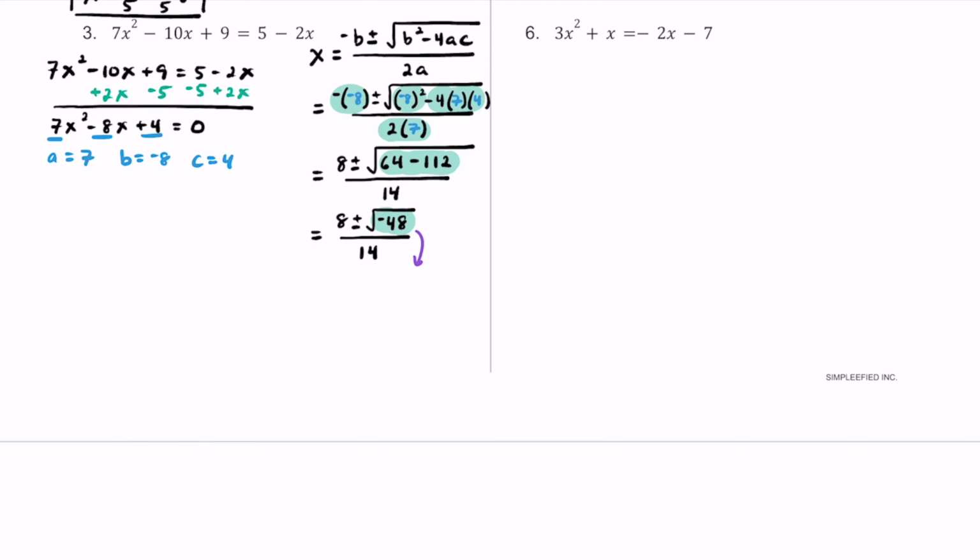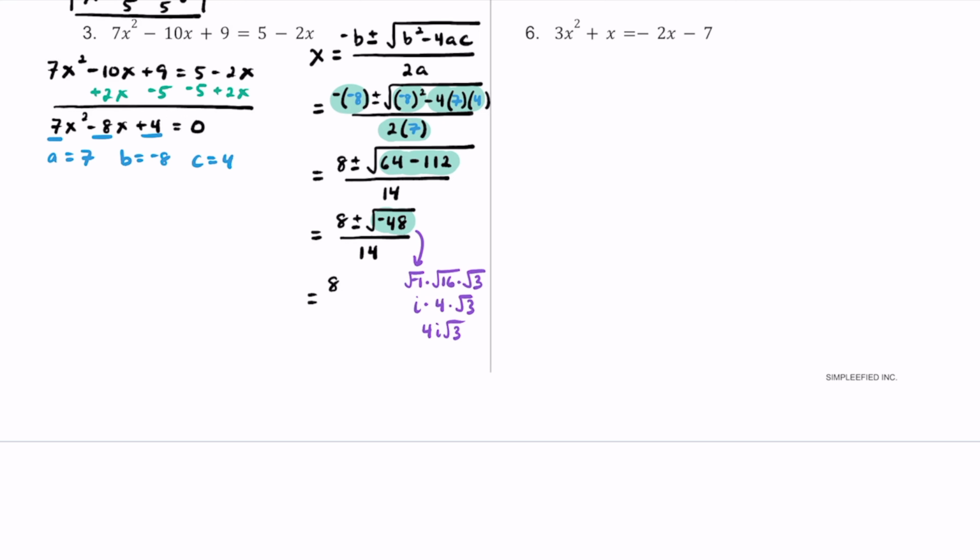So the square root of -48, keep in mind, is going to be, let's see, we can separate into the square root of -1 times the square root of 16 times the square root of 3. So that's going to be i times 4 times root 3, or this is going to be 4i root 3. Okay, so going ahead, that's what the simplified radical is going to be.